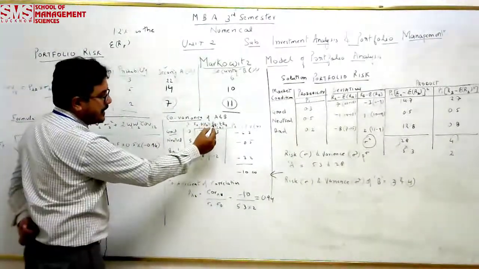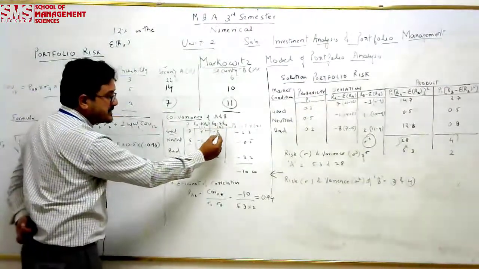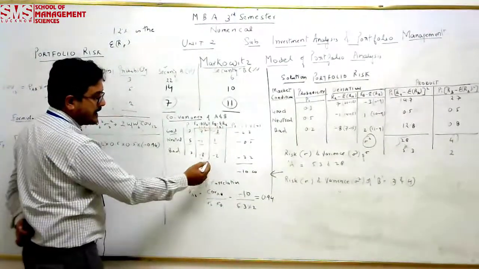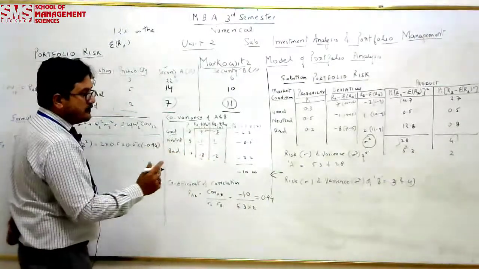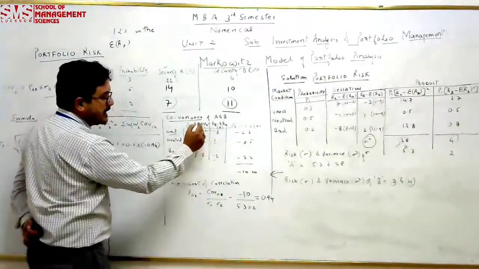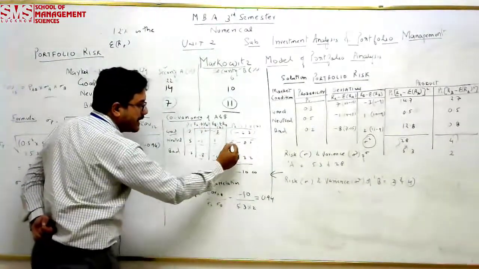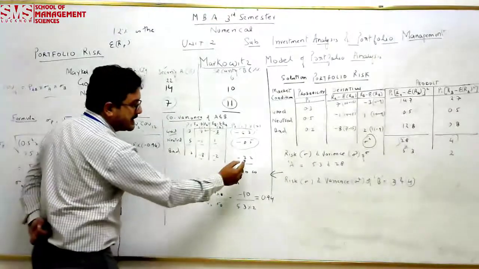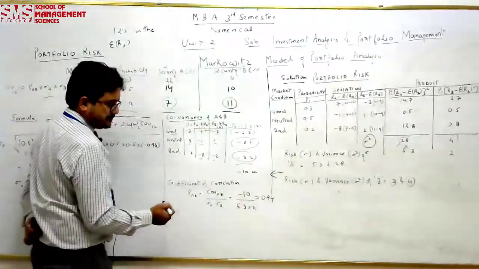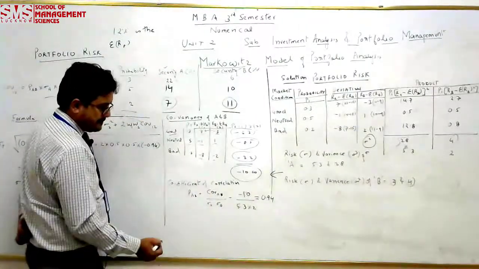Similarly, RB minus the expected return of B: -3, 1 and -2. When we multiply this with the probability, P multiplied by this and this, we get -6.3, -0.5 and -3.2. And when we add it on, we get this number.